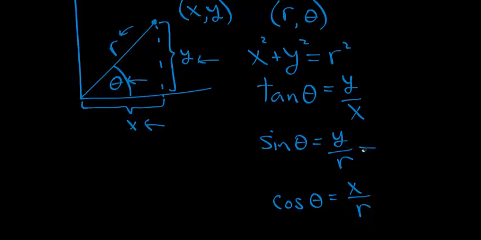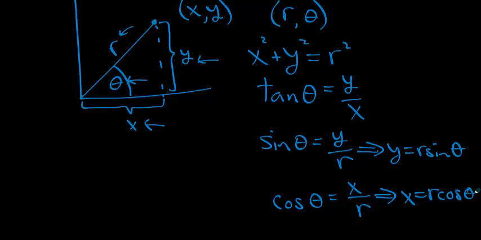Or another way to look at that is y equals r sine theta, and x equals r cosine theta. Okay? So we have these relationships. Now, I don't want to go back over all that you learned in trig, but are there any questions about these relationships?